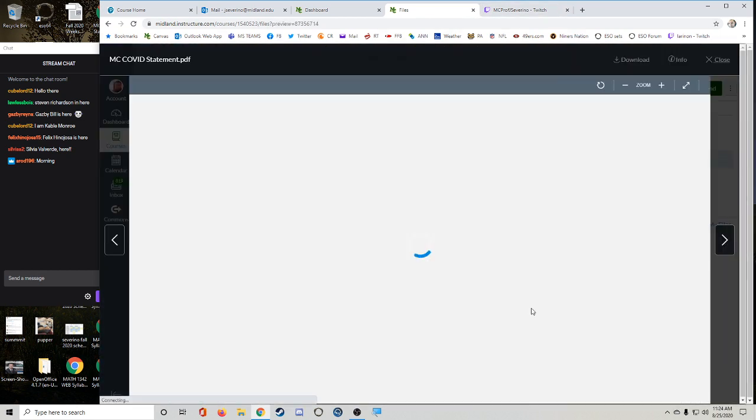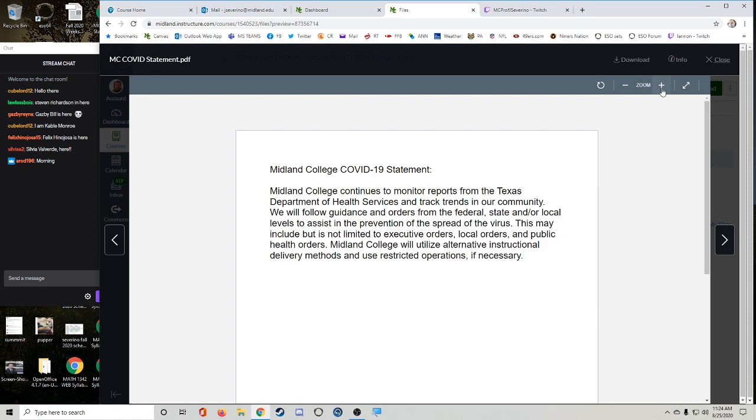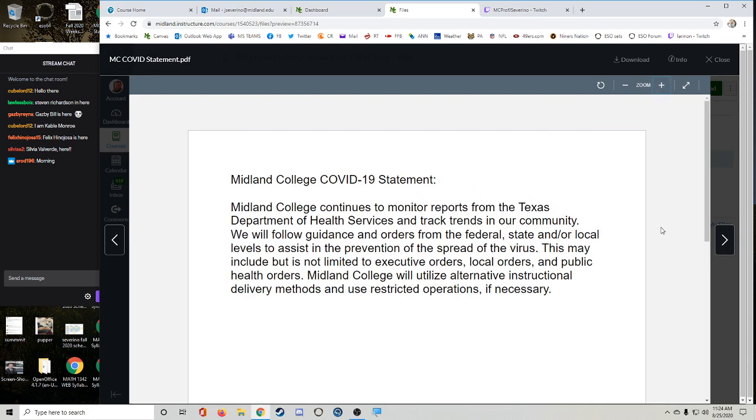The other thing that we have, and this is what we're required to include from the college, is the COVID Statement, which really doesn't affect us because it's a statement about classes that are meeting in person that may suddenly be moved online depending on how things go.